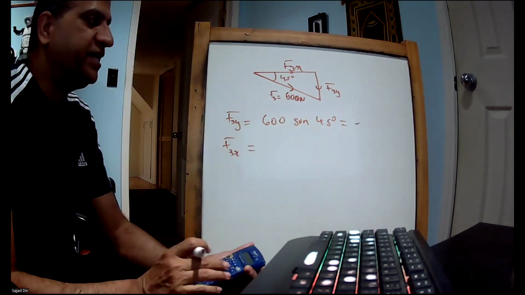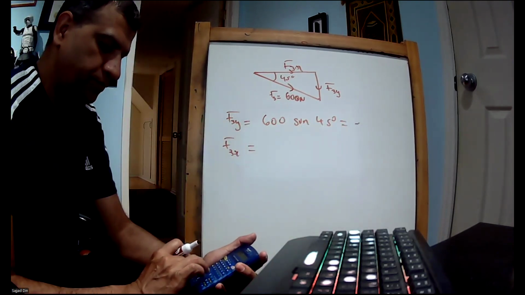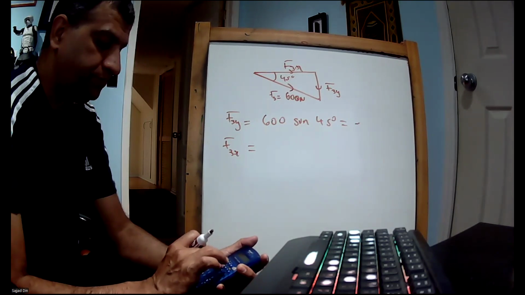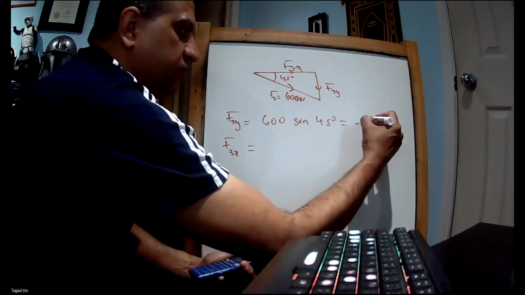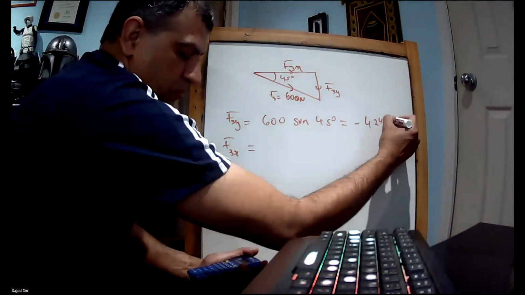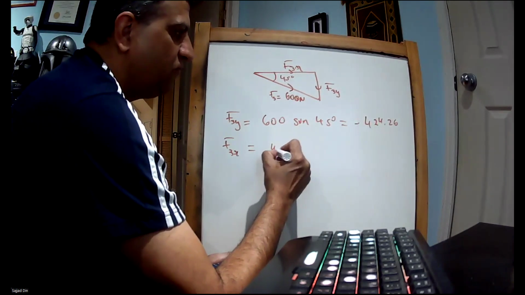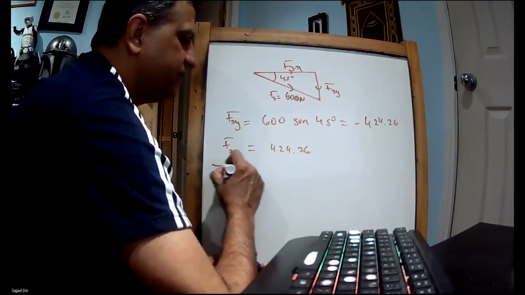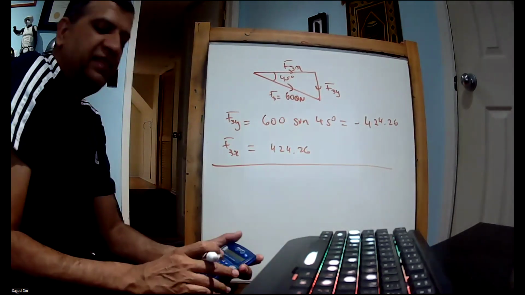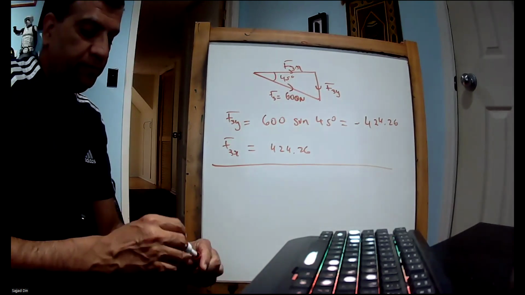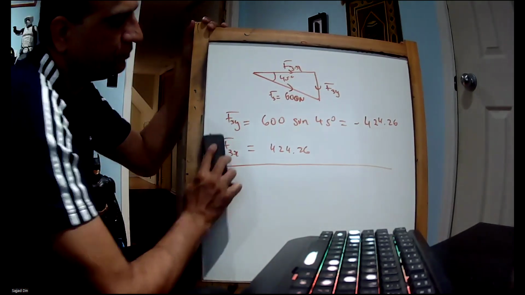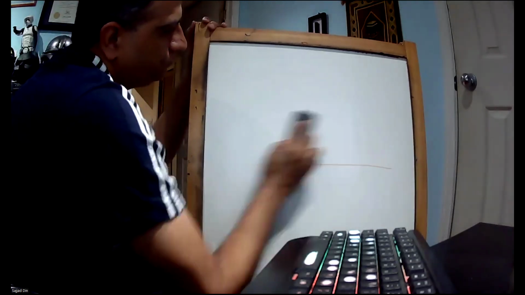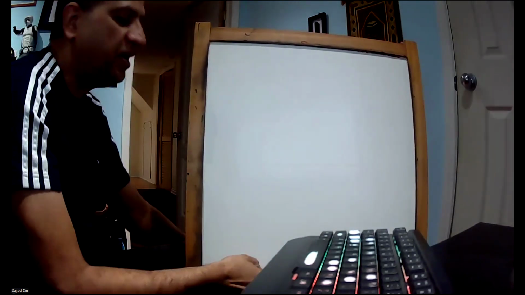Why? Because it's in the downward direction. It's minus 424.26, and this is 424.26. And then you simply add them up, and you get your answer. I think the slides have the answers for you.